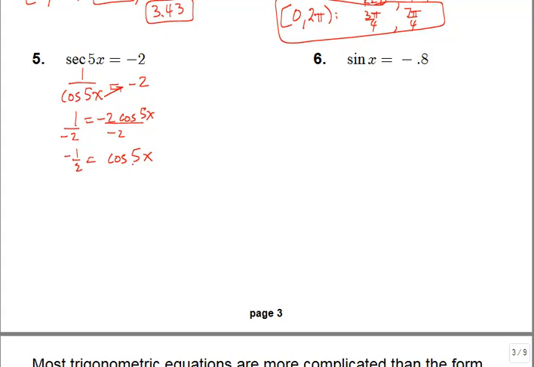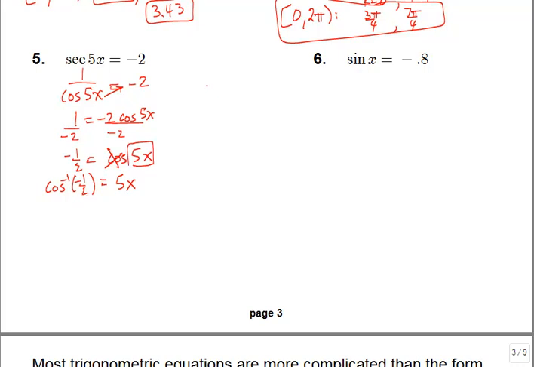To get at this x and the 5 as well, we have to undo this cosine. And the only way to do that is with an inverse cosine. So I'm going to take an inverse cosine of the negative 1/2, and this is a good value. So you have to think about your unit circle. Where would the inverse cosine be negative a half?